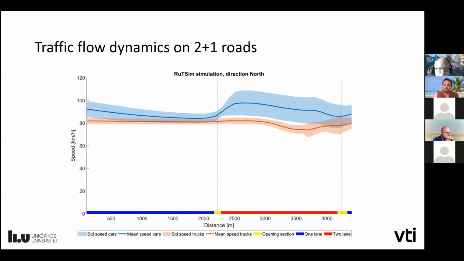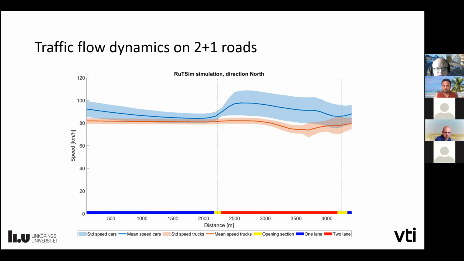Another way of looking at this is, of course, to look at the average speed and the confidence interval. A problem we have is that for rural roads, there are not as many measurements as for motorways and urban roads lying around. So previously we have calibrated based on tube measurements that give you the average speed and flow on the hourly level.